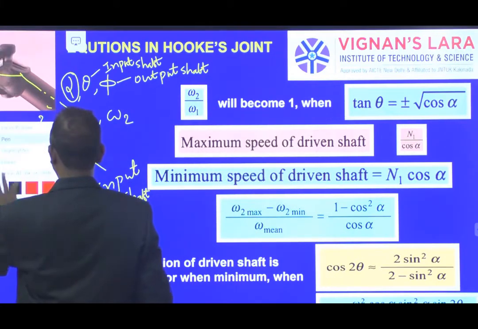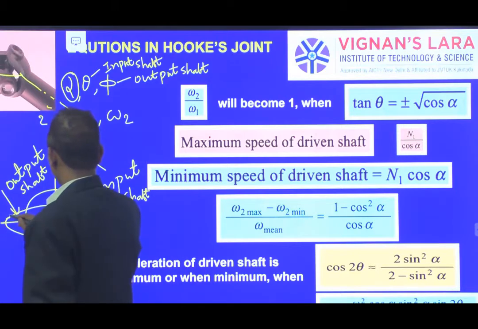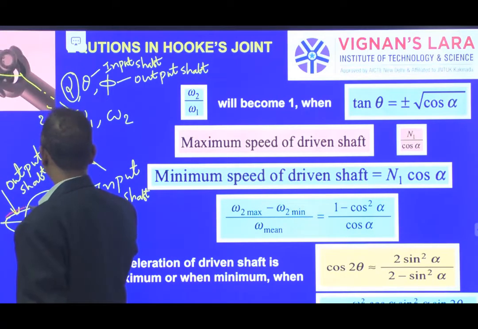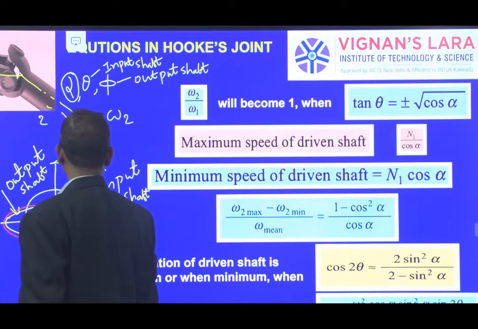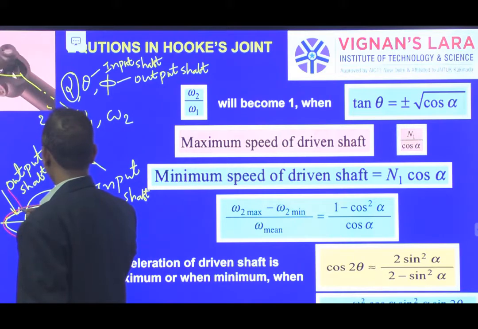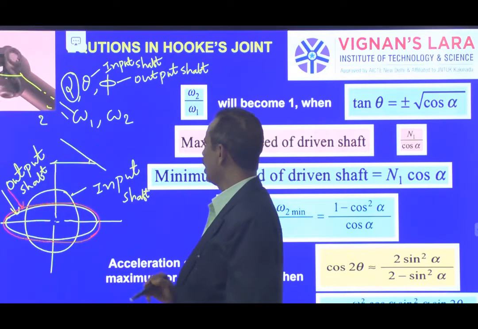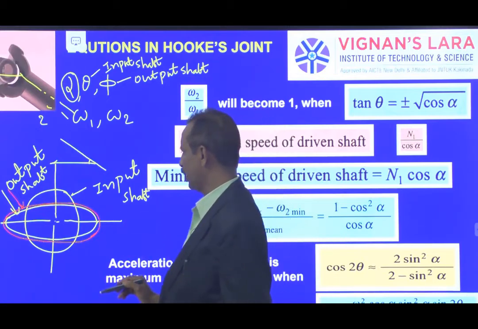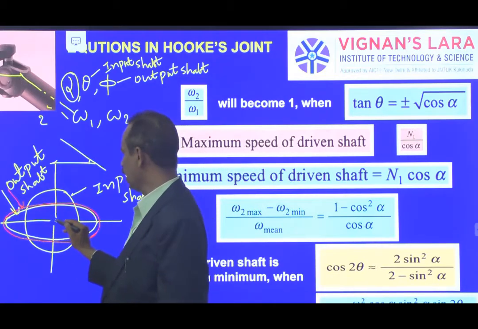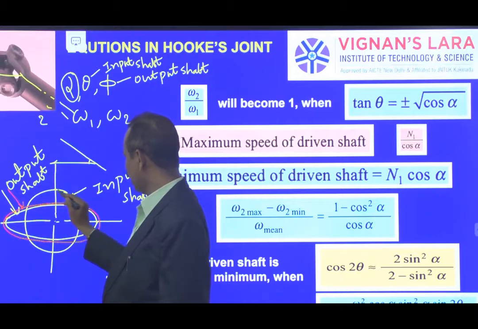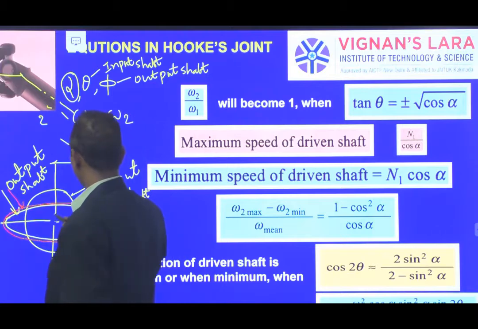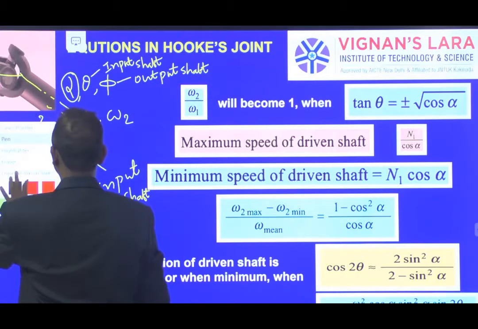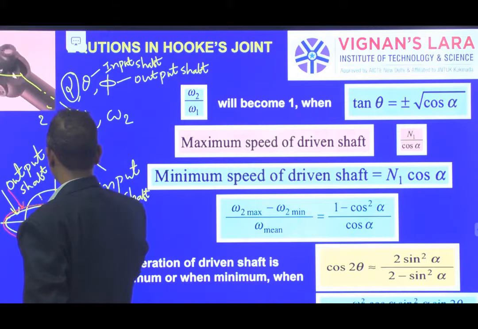Here the output shaft speed is continuously varying, whereas the input shaft speed is constant, because this is a circle and the circle radius is constant, and say this is an angle theta.